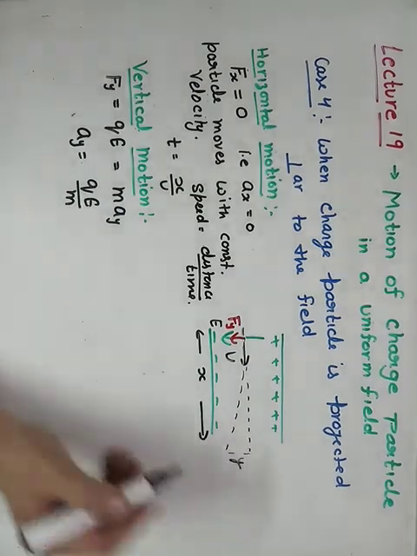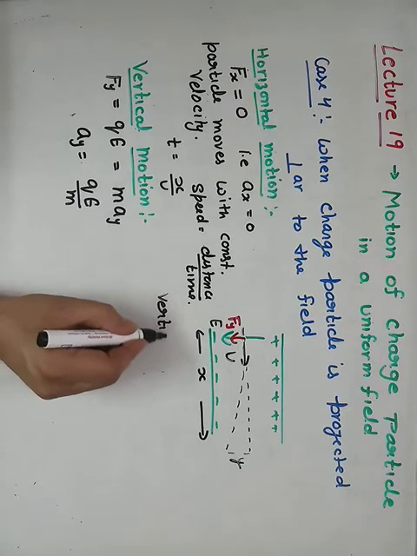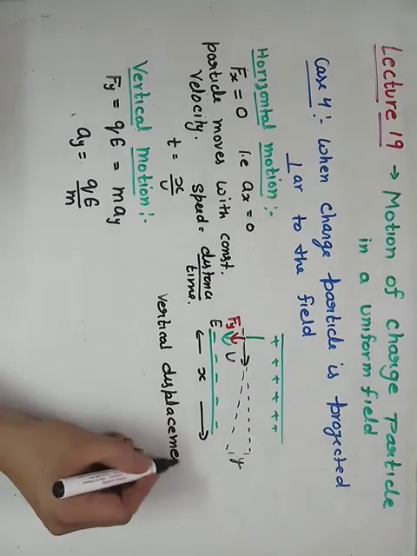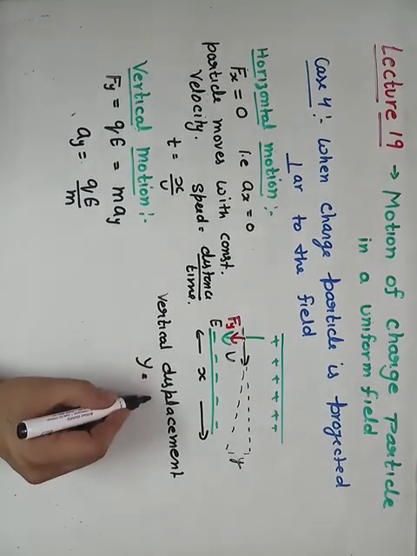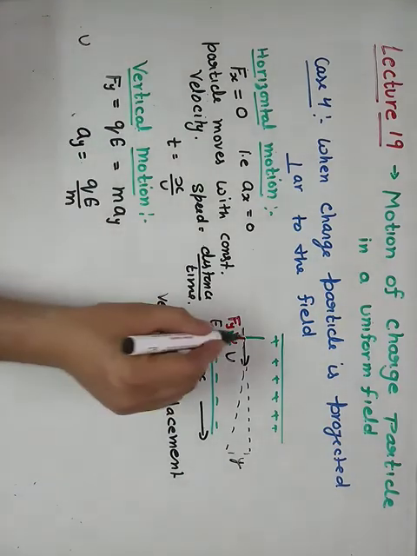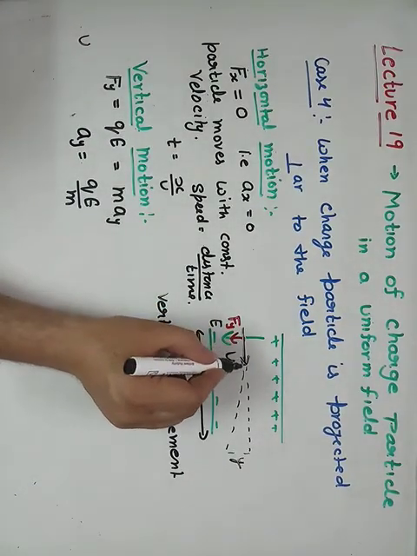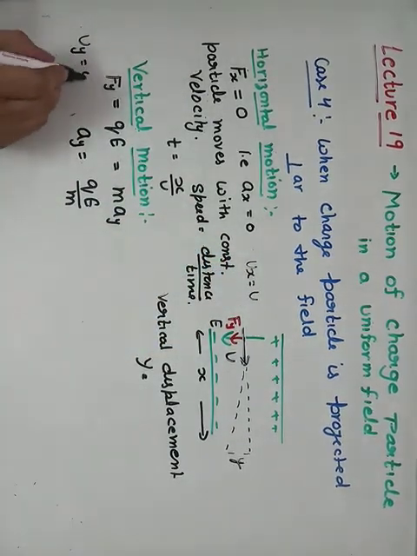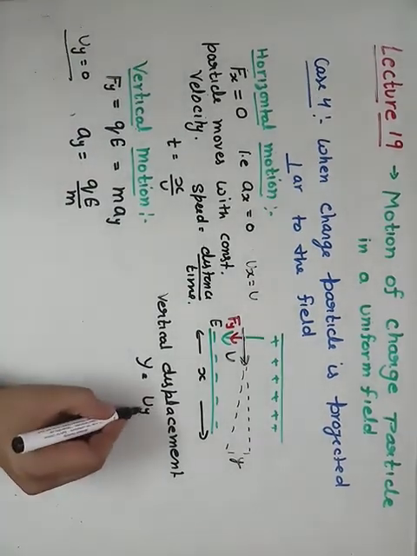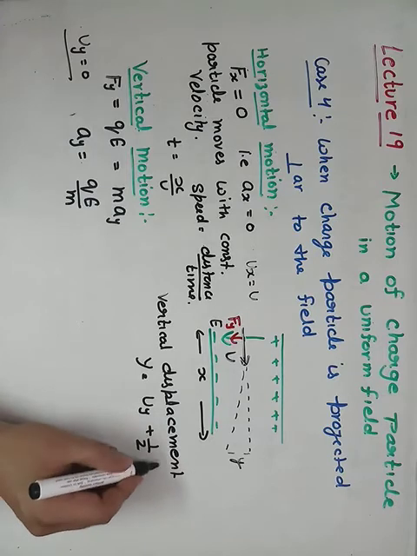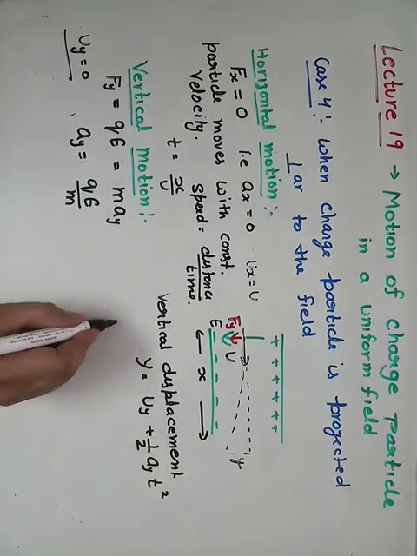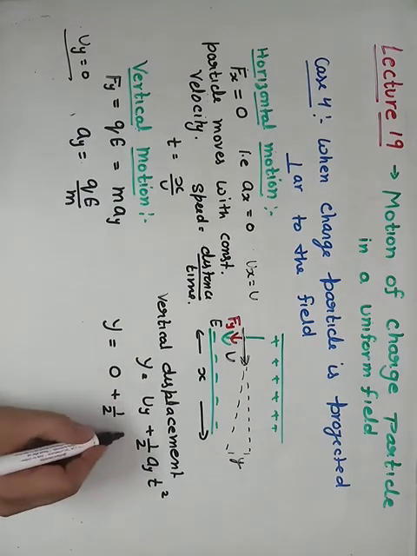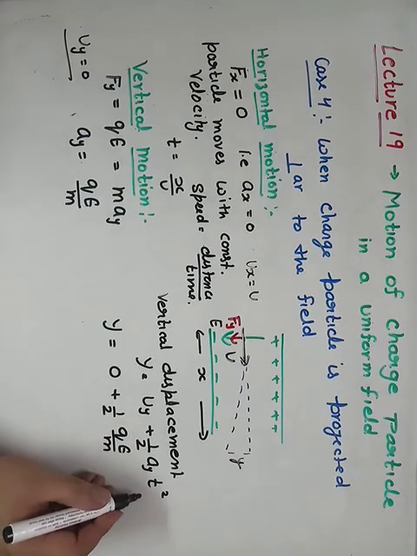Here we have to find the vertical displacement. For vertical displacement, y is equal to uy t plus half ay t square. Here the initial velocity in the vertical direction is 0, because the particle is projected along the horizontal direction, so ux is equal to u but uy equals 0. So y is the vertical displacement, equal to half QE by m into t square.